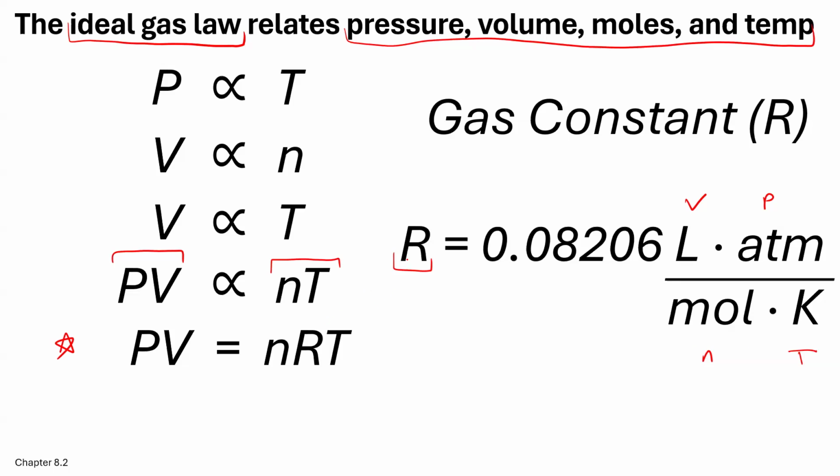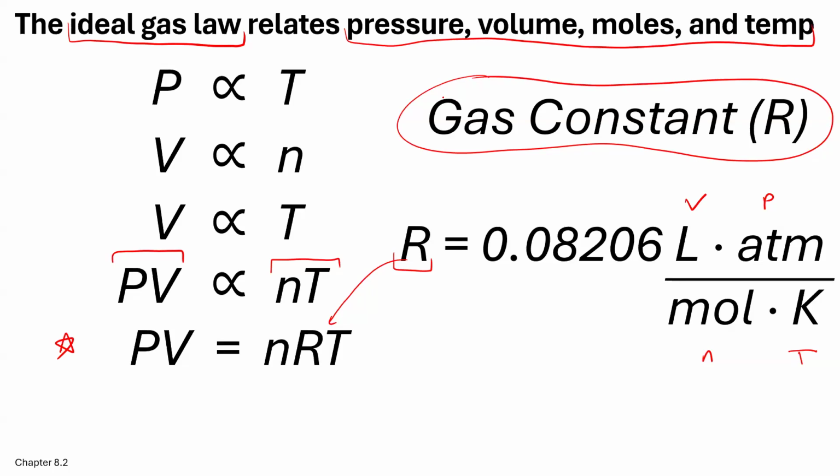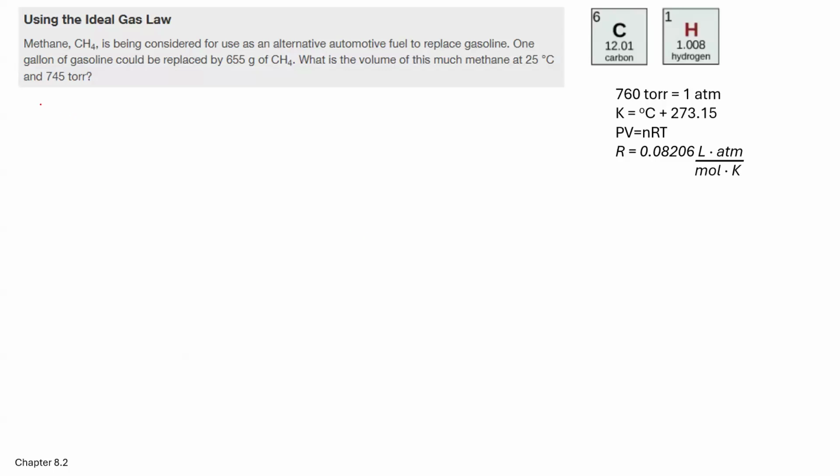So we insert that R here, and that lets pressure and volume equal moles and temperature, only by using this gas constant called R. There's a few other constants that we'll learn along the way, but this is it for now. All right, so this is what we're going to use, and this is how to relate pressure, volume, moles, and temperature together.